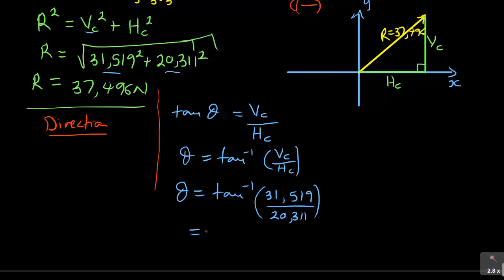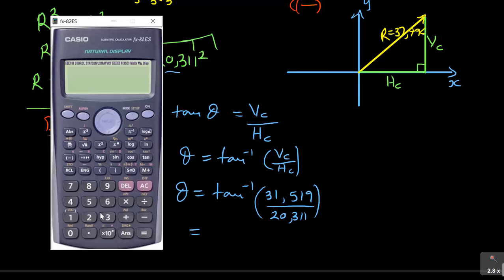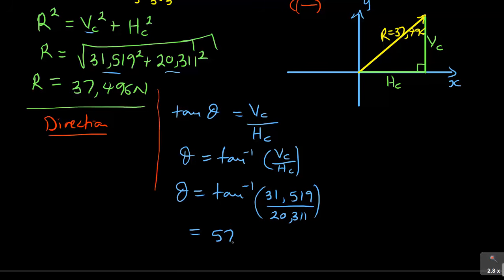So when you do that, you will then find that angle, and I will show you shortly. Arctan 31,519 over 20,311, and if you do that, you're getting that angle 57,202. See that? 57,202, that is degrees. This is the angle theta.